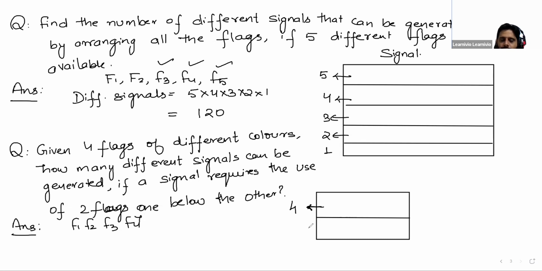Then how many options does the next place have?